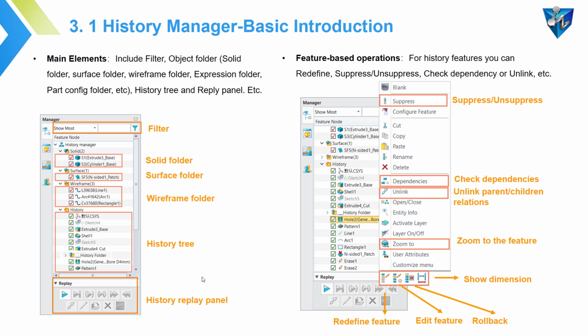And for history replay panel, you can do some history operations here, like a replay, edit, delete, suppress, unlink, and also relocate, and etc. On the right side of the page, we can see some common feature-based operations, like redefine, suppress, unsuppress, check dependency, or unlink. And also there are some like redefine, edit, rollback, or show dimensions, and etc.